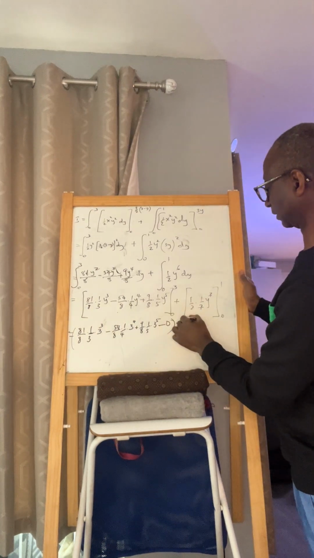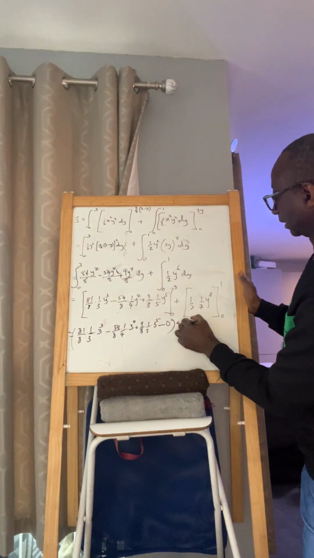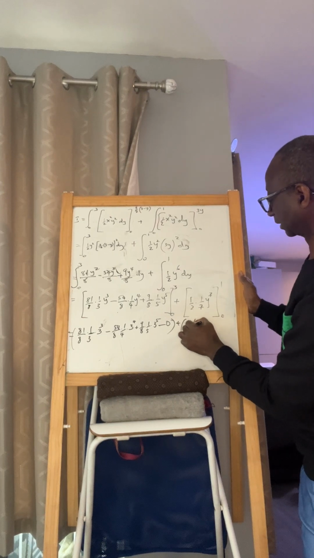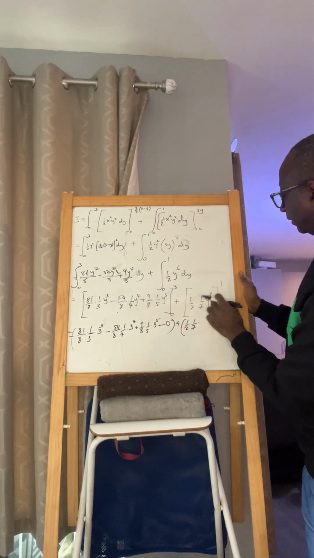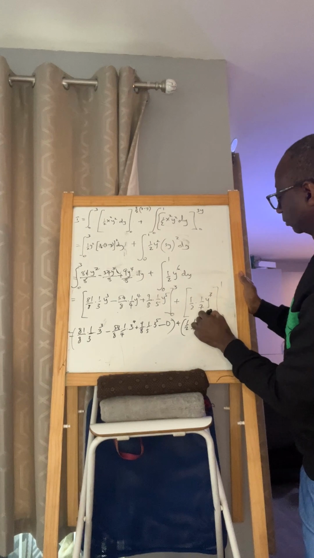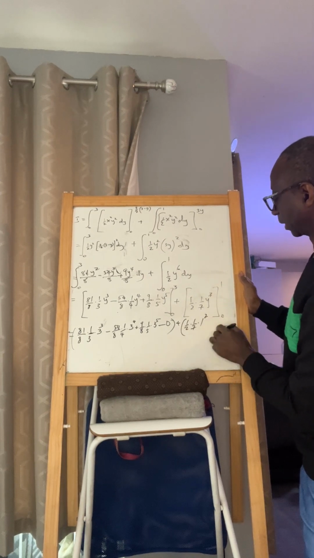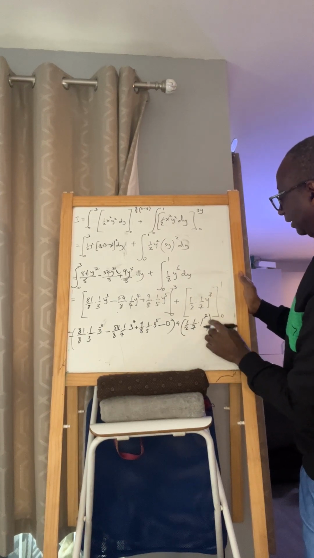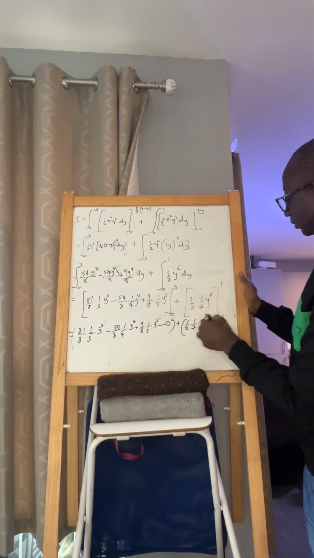Plus this, 1/2 times 1/7, and wherever you see y, you put 1 raised to the power of 7, which is just 1, minus everything is 0 here.